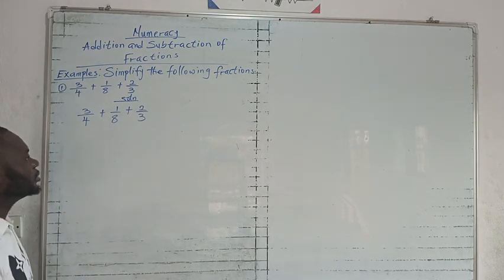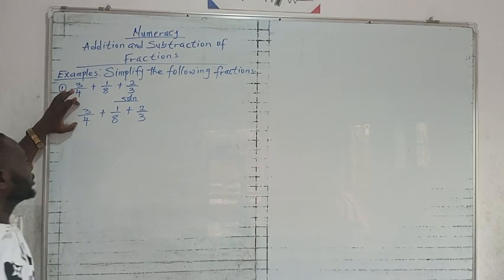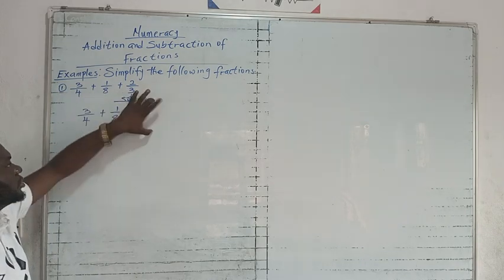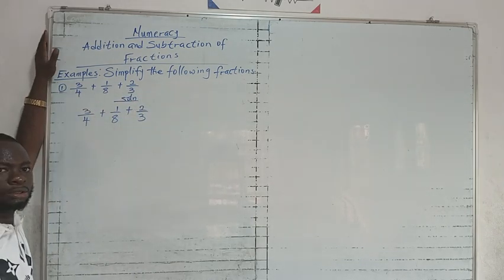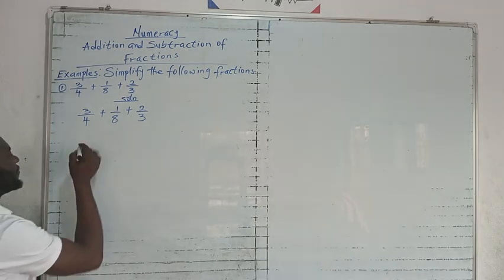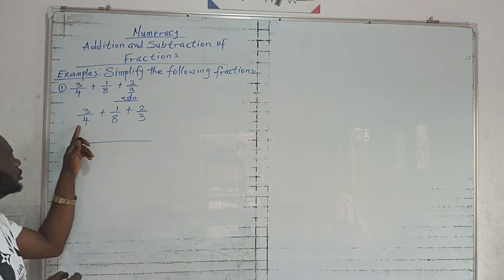Now, the first thing to do is to find the LCM, because here we cannot add the fractions the way they are. So what we do is we find the LCM of the denominators.